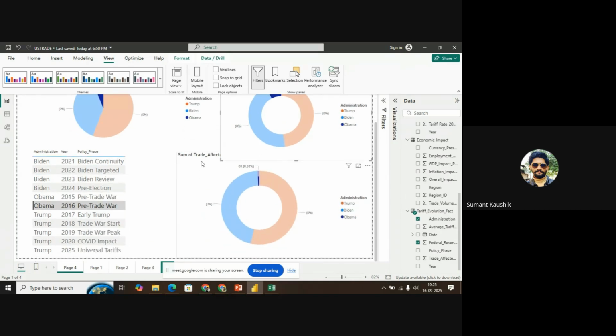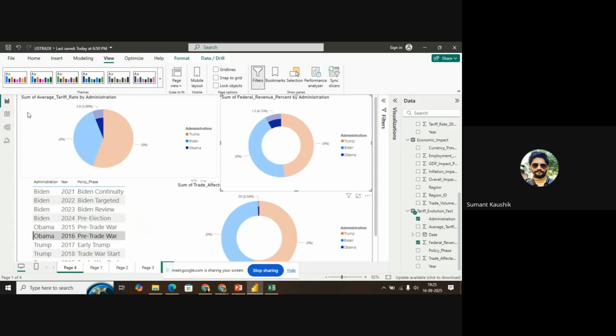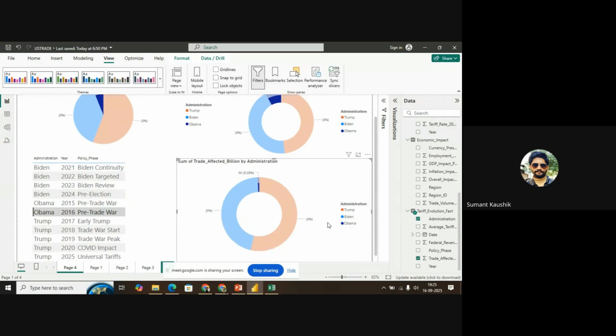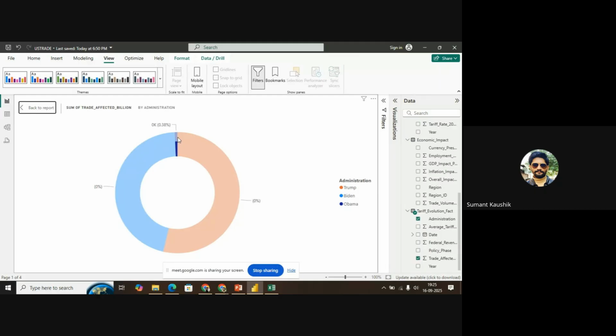Next, we come to the sum of trade affected. This is the sum of trade affected. It is the least trade affected during the Obama period because it was a trade liberalization period.